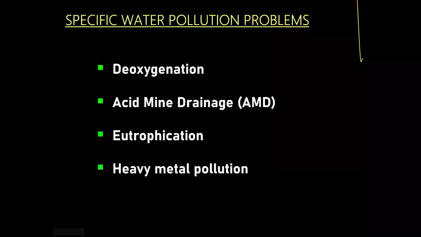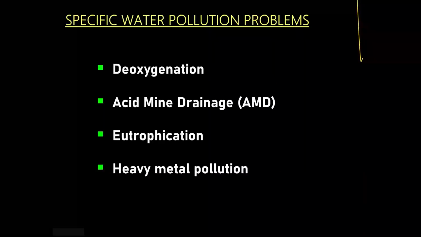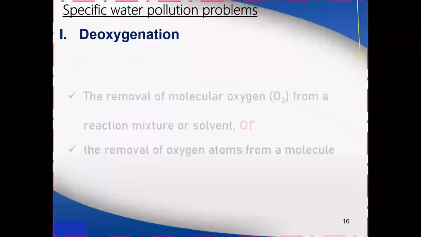We have mentioned how some heavy metals in water bodies can affect that water body. It can affect drinking water, especially if it is released into water bodies that are used for domestic purposes. They can affect us. So these are some of the specific water pollution problems.